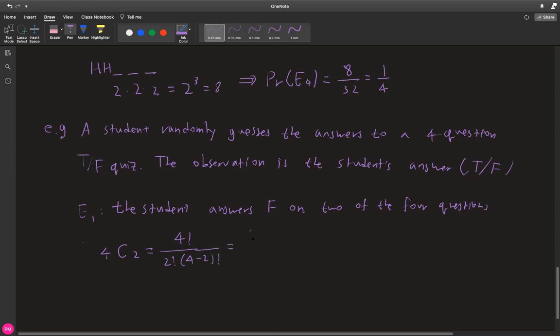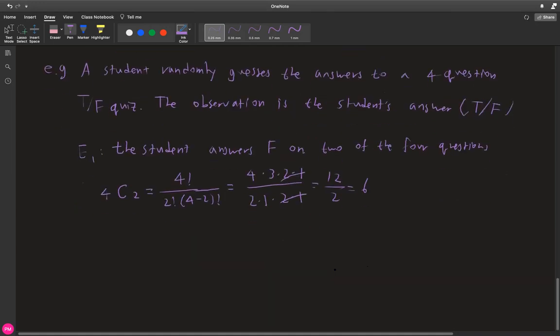And that is 4, 3, 2, 1 over 2 multiplied by 1, and 4 minus 2 is 2, and also it's 2, 1. We know that 2, 1 cancels out here. And hence we have 12 over 2. So it's 6. So we know that there are 6 different ways that the student answers F on exactly 2 of the 4 problems. Let's actually check.